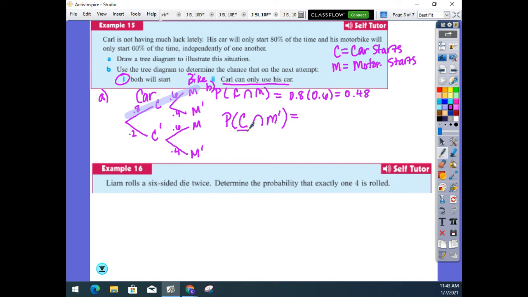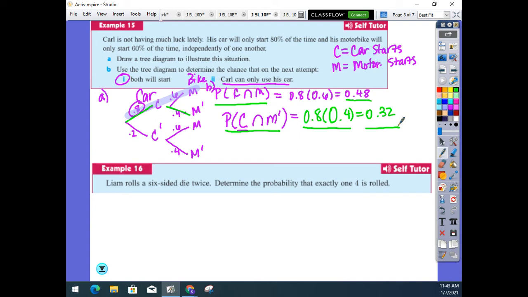We're following car starts, motorbike does not. So we take 0.8 times 0.4 to get 0.32, 32 100ths. Notice each time I'm labeling the probability with the correct notation and the final answer. It's really important that you're documenting all the way through exactly what you're finding. That's going to help you.